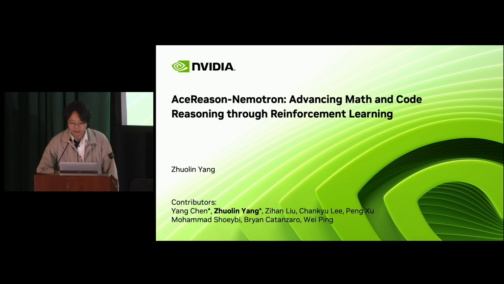This model tries to show that there's an ability to build a strong RL model on top of the distilled model, and we can achieve state-of-the-art results on math and code reasoning benchmarks.